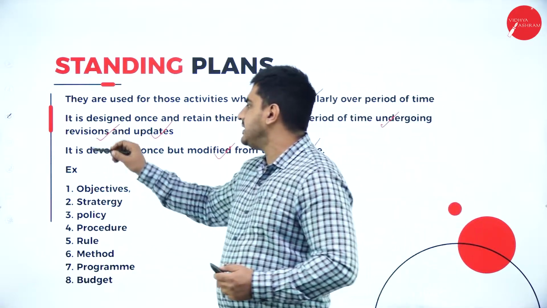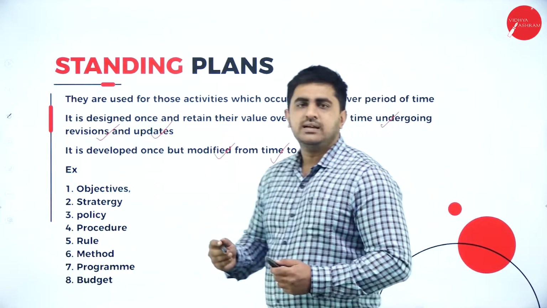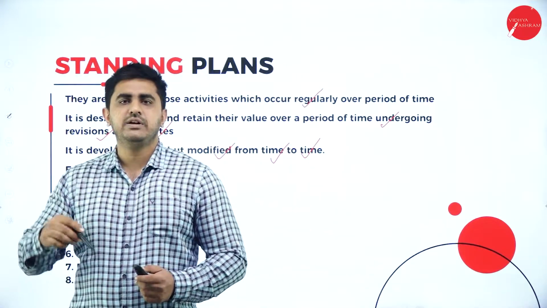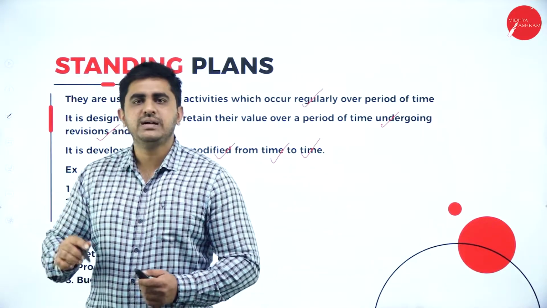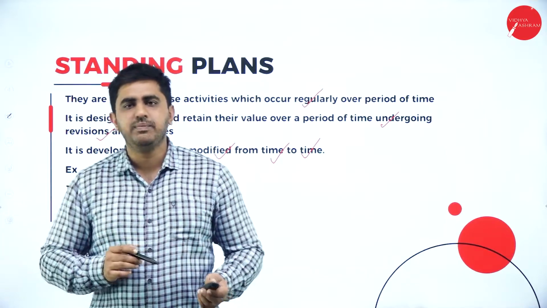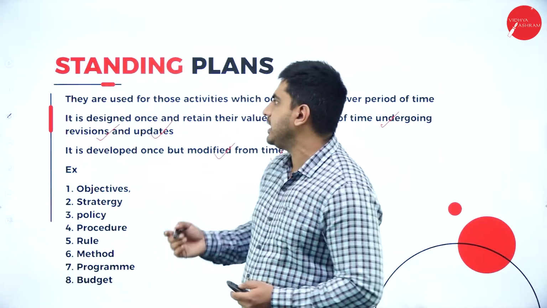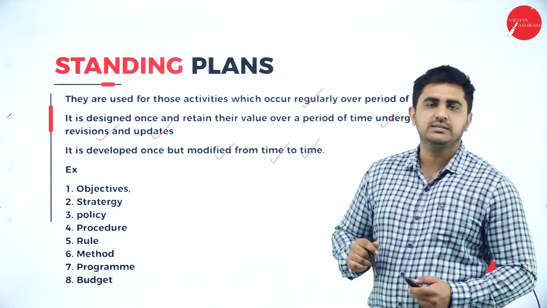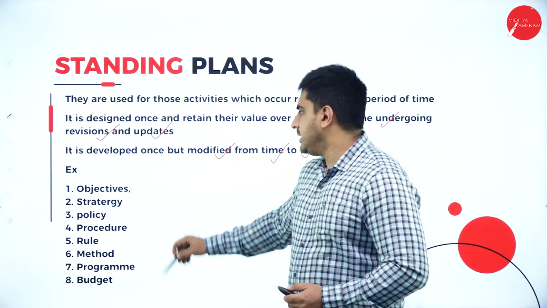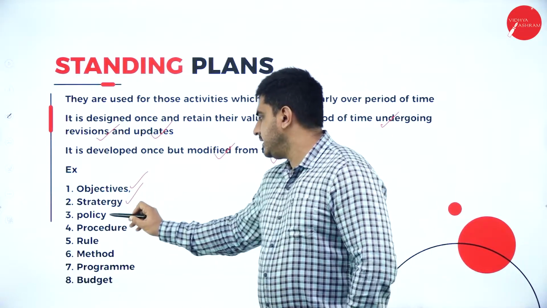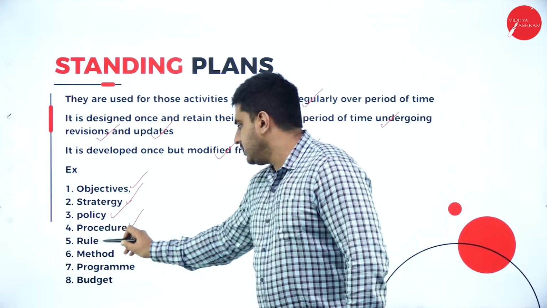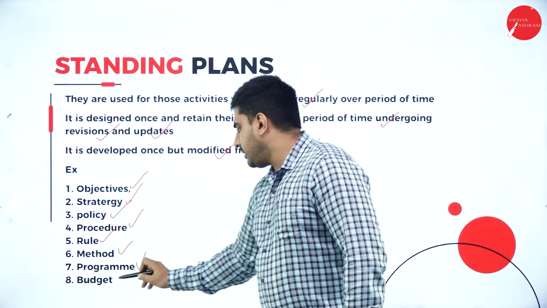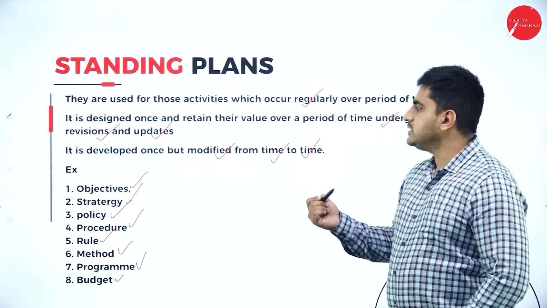They will undergo certain revisions and updates. That is, they will update the plan, they will do revisions, they will modify, but they will not discard. They will keep the same plan with some revisions or modification. That is standing plans. So we will understand one by one, that is objectives, strategy, policy, procedure, rule, method, program and budget. So we will understand this one by one.